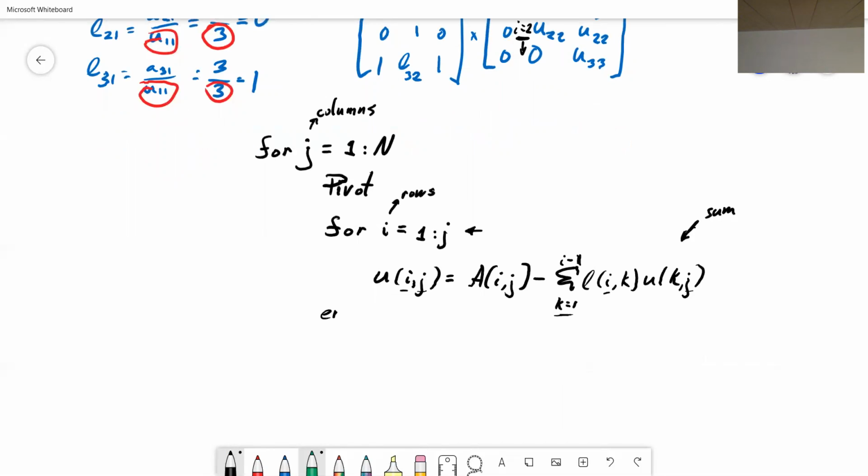Then we end the loop for u, and then we do another loop for i equals j, I think this is j plus 1 actually, through n.